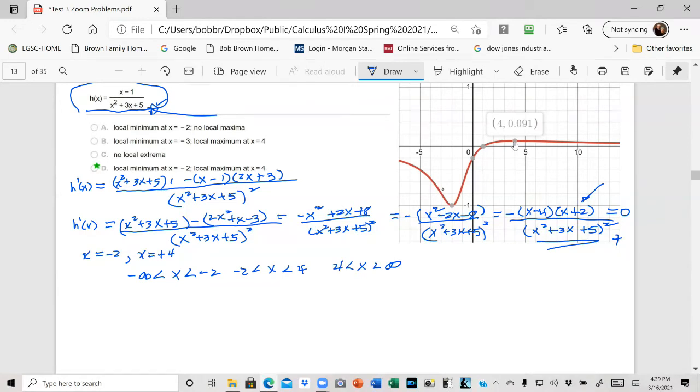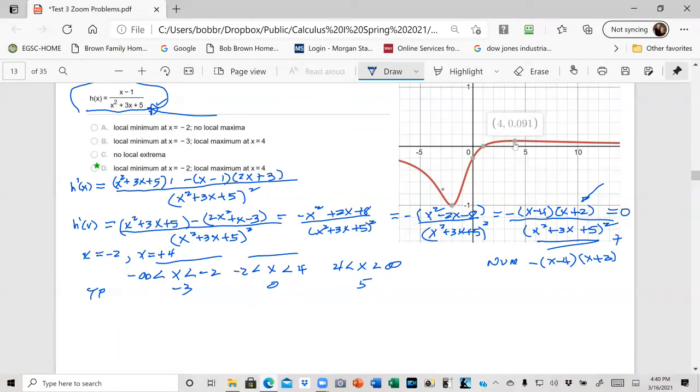And we want to test the numerator, and the numerator, I'm just going to write it down, is minus, x minus 4 times x plus 2. And we'll have a test point for each of the intervals and pick an easy one. I would pick for this interval minus 3. For this interval, I would pick 0, seems to be the easiest one. And between 4 and infinity, I would just pick 5.